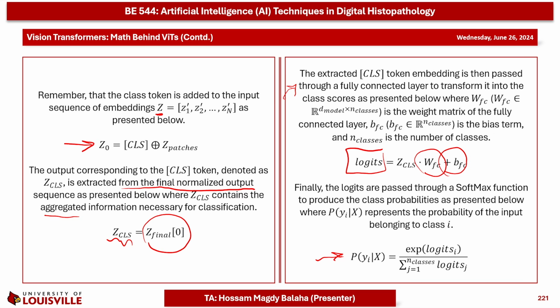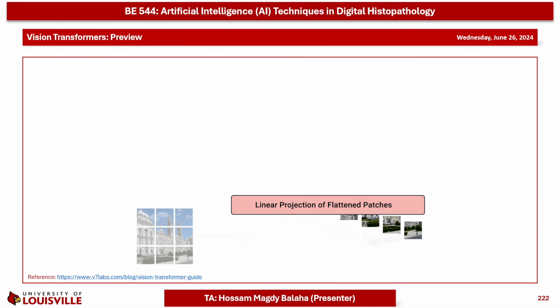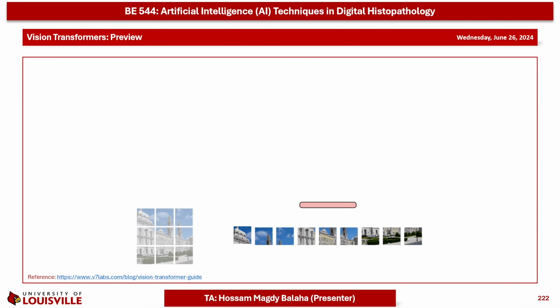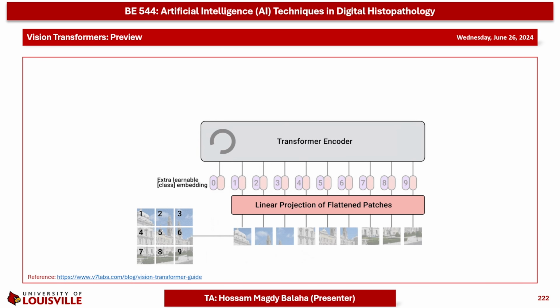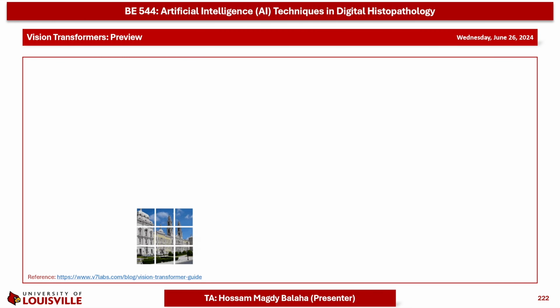For example, if we have 0.7, 0.2, and 0.1, this means that the first index is the corresponding class, so you get the class that reflects index 0, and this will be the prediction. Again, visually, the image is divided into patches and then flattened, the class token is prepended, and then the embeddings are subjected to a set of encoders, then to the multi-head, and then to the class output.